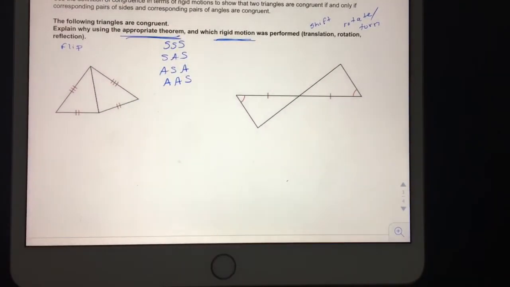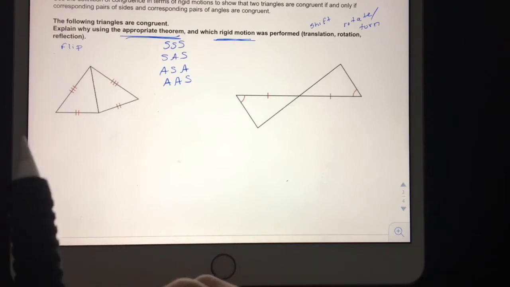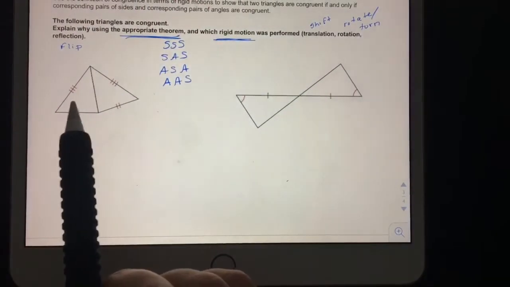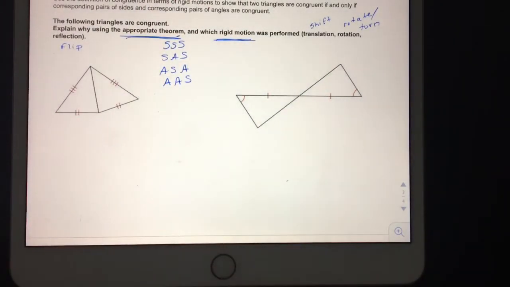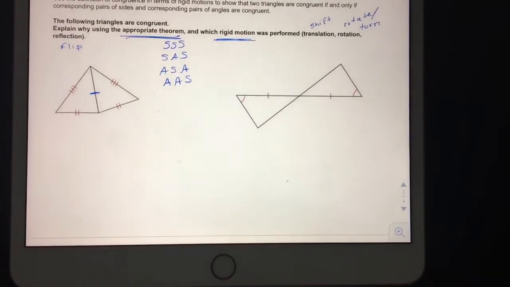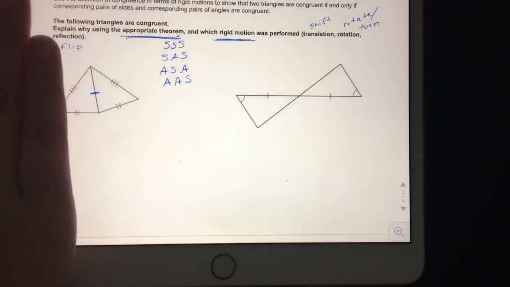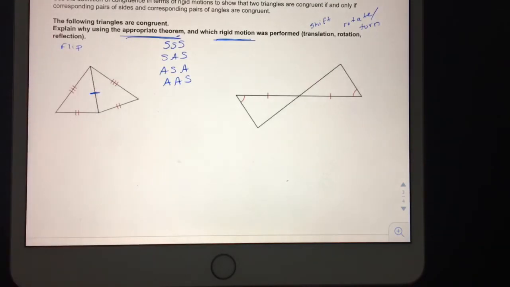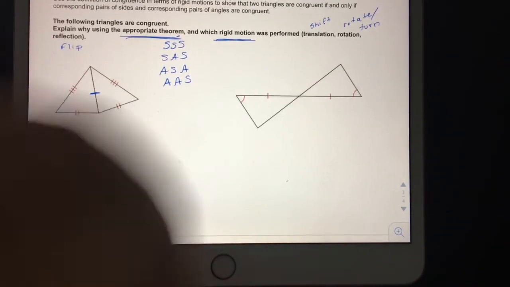So if I look at this first one, okay, we talked about on the front page that if these triangles share a side, then they have to be congruent to each other. So I'm going to add a tick mark there to show that whether I'm looking at the one on the left or the one on the right, that side's going to be the same length and be congruent.